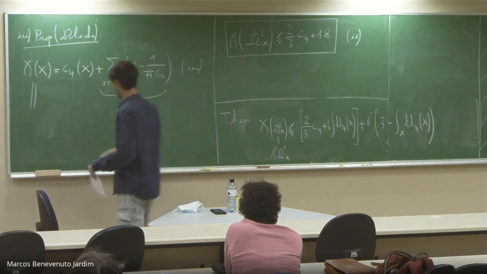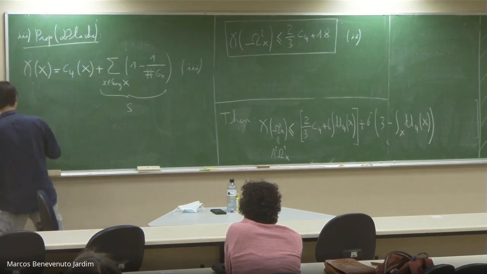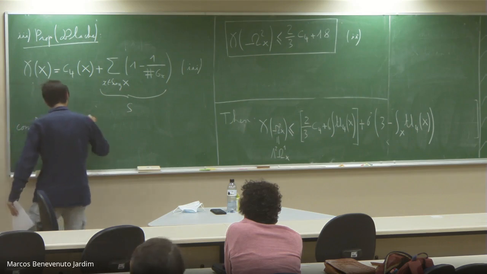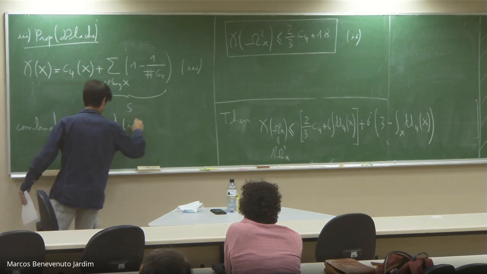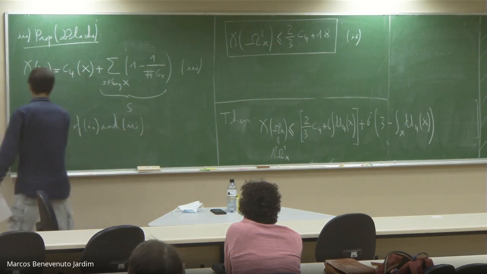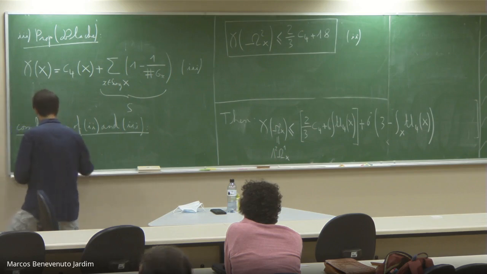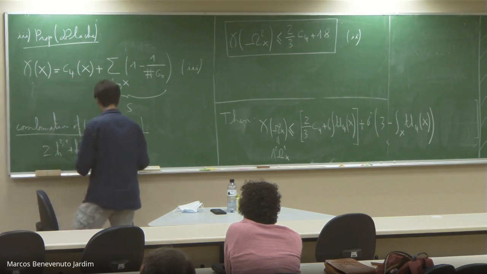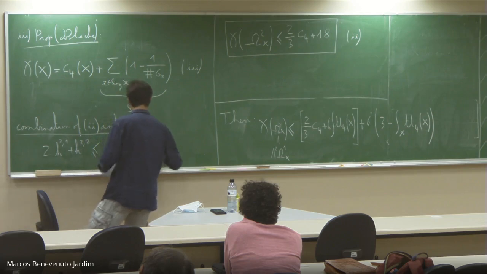The combination of E2 and E3 gives you 2H21 plus H22 smaller or equal to 64 plus 8H11 minus 2S.